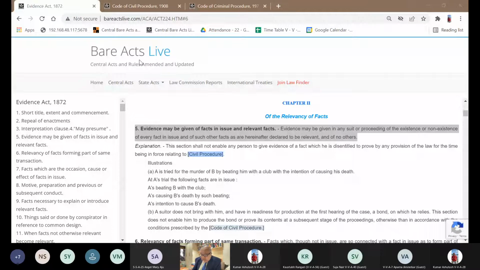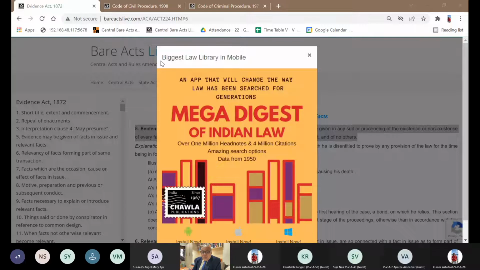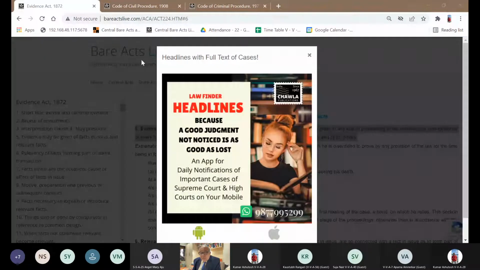So to understand section 5, you should know that facts in issue can be determined from the provisions of Order 14 of the CPC. Under Order 14, the court frames the issues after perusing the pleadings, affidavits, and interrogatories.